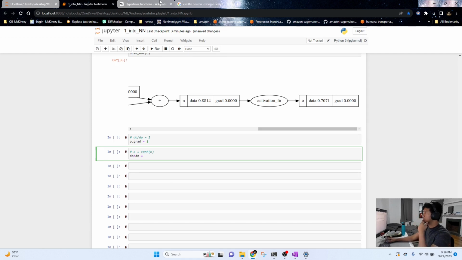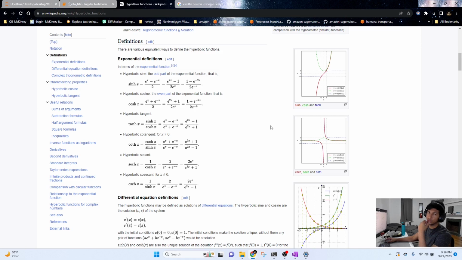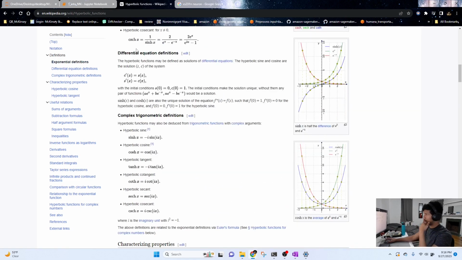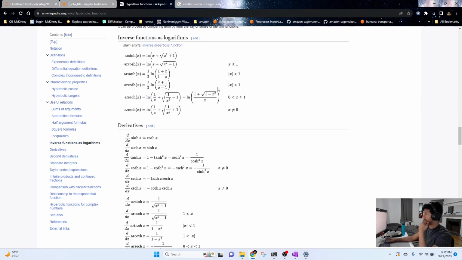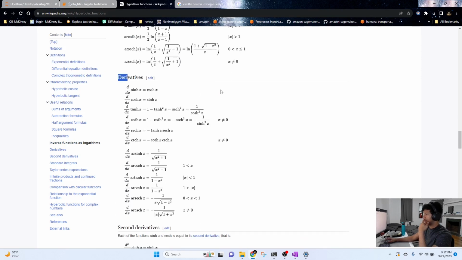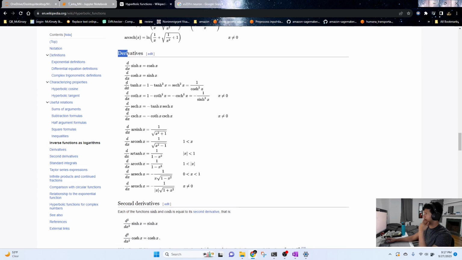Or you can simply look up the differentiation equation for tanh. If we look at the derivatives, we can clearly see that the derivative of tanh is 1 minus tanh squared, or sec squared x, or 1 by cos squared x.